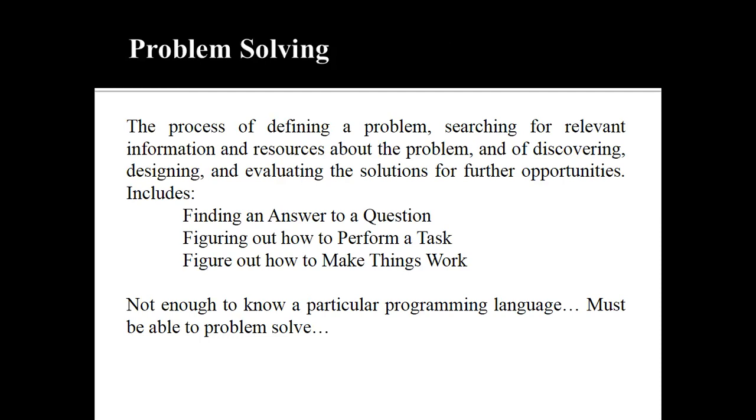First of all, if you have a problem, you have to search for relevant information about that problem: how people work on that, how much data is available, how many resources are available, how you can design steps to solve that specific problem, and how to evaluate that the steps you are going to follow are good ones. These are all the basic concepts you have to keep in mind about problem solving: finding an answer to a question, figuring out how to perform a task, and figuring out how to make things work. These three basic concepts you have to keep in mind about problem solving.